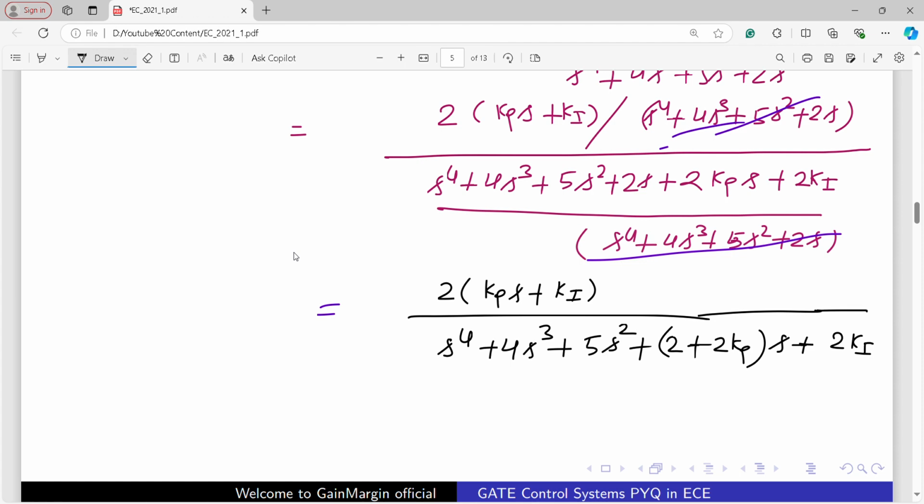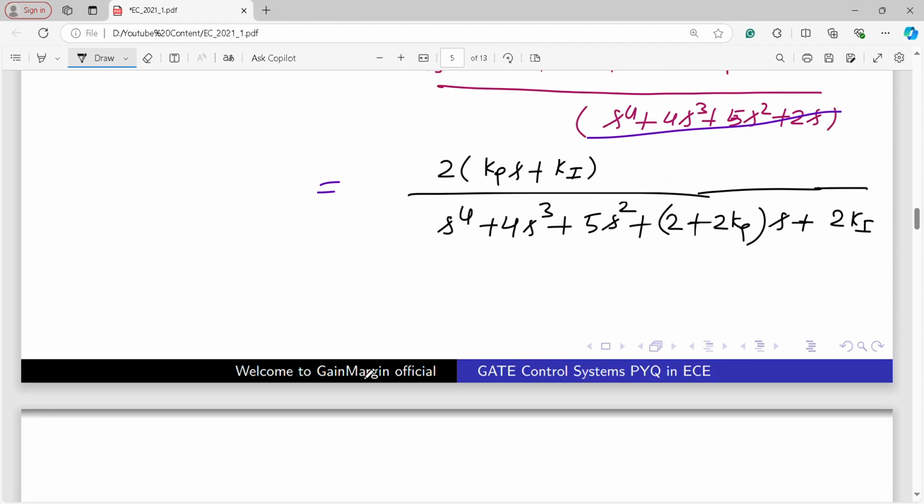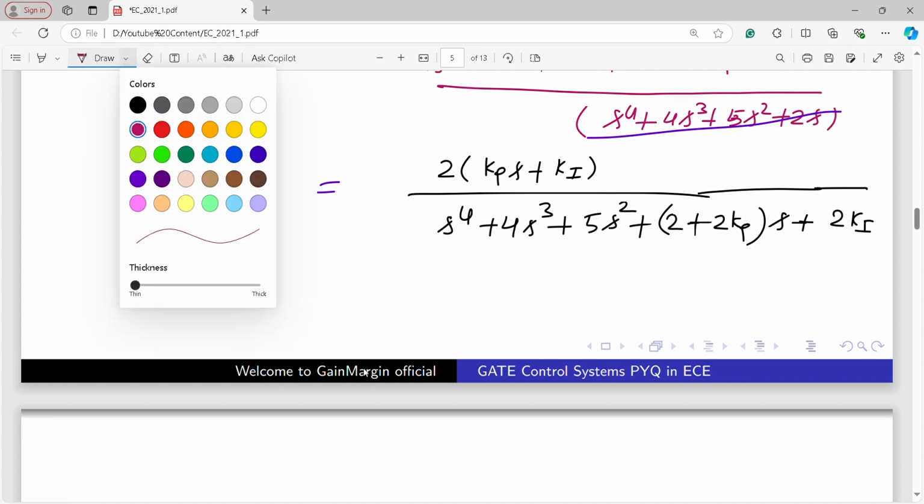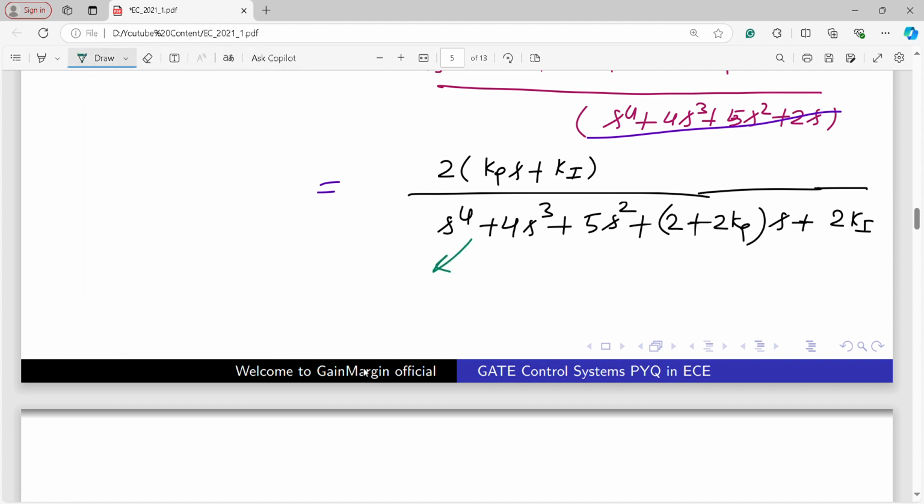Okay, so this is our final transfer function, and our denominator polynomial would be our characteristic polynomial. All right, characteristic polynomial.